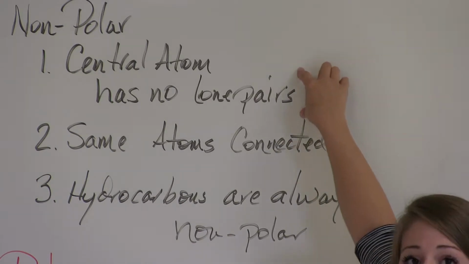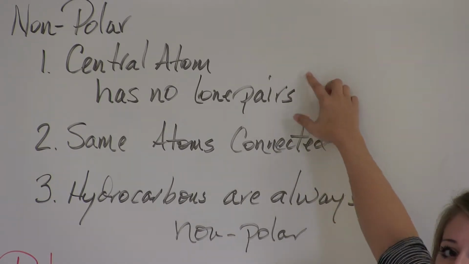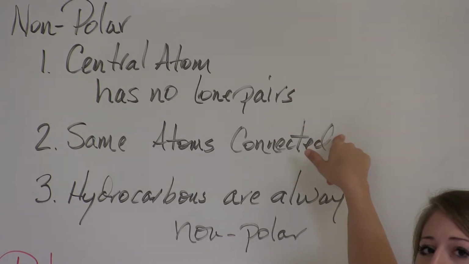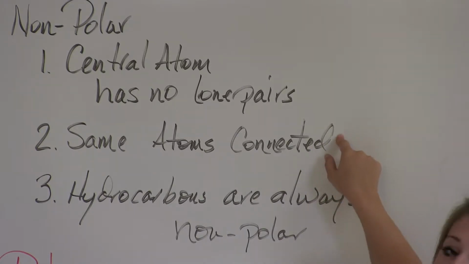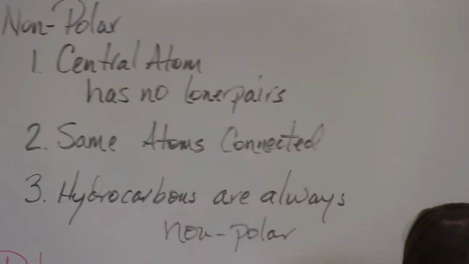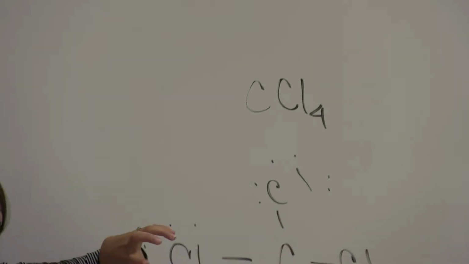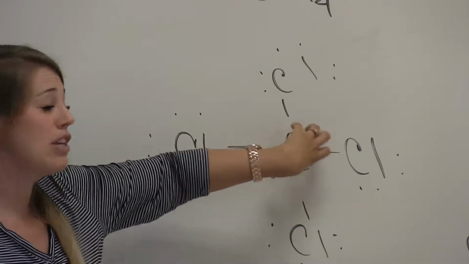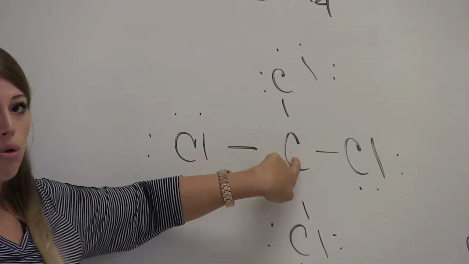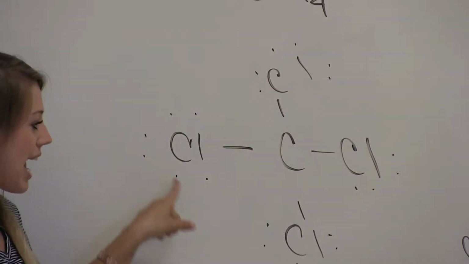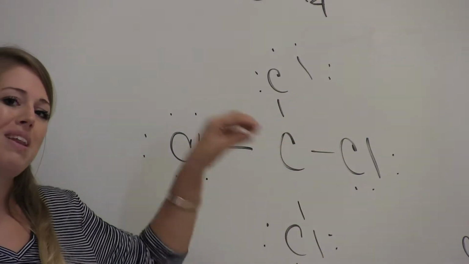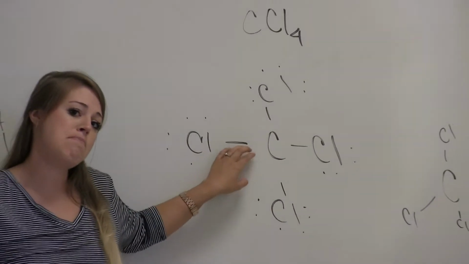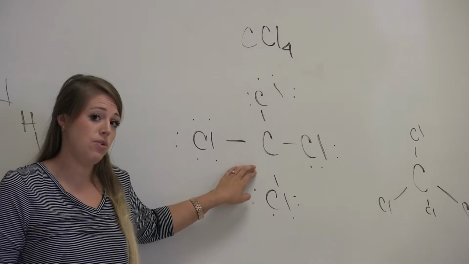If there are no lone pairs, the next thing you need to check is that all the atoms connected to the central atom are the same. Back at carbon tetrachloride, remember, when we're looking for lone pairs for polarity, we look on the central atom. Carbon has no lone pairs, and everything on the outside connecting to carbon is the same. So it's going to make this a nonpolar molecule.